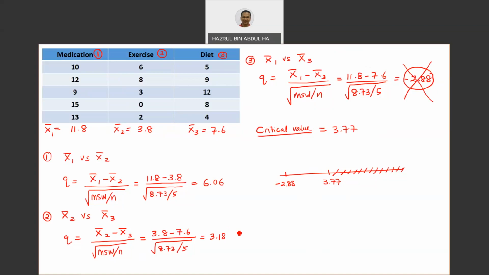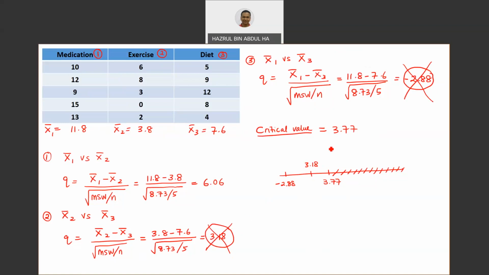For the second comparison, 3.18 is also not in the critical region, so there is no significant difference of mean between the second group and the third group.